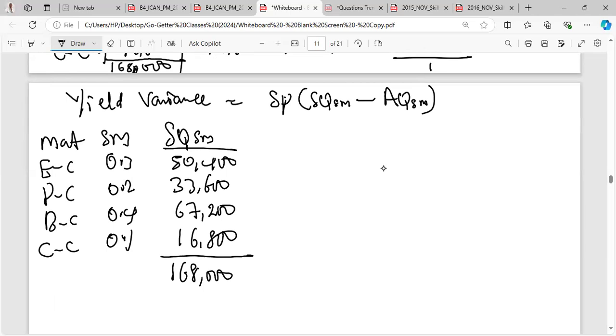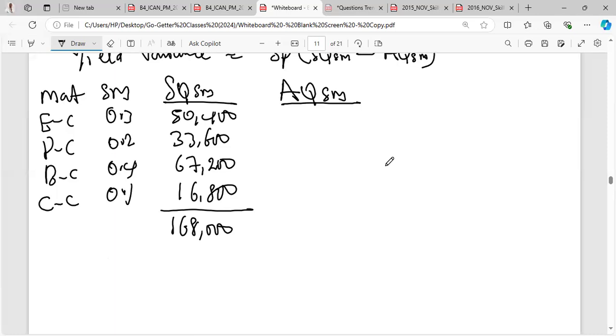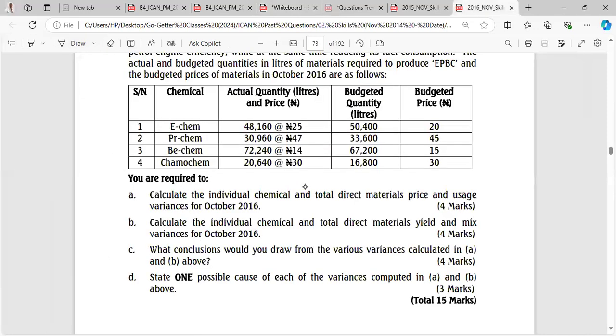Now we are to do actual quantity, standard mix. Let's go to the question. Our actual quantity. So let's do something here. Now, can we calculate this total here to get actual quantity?